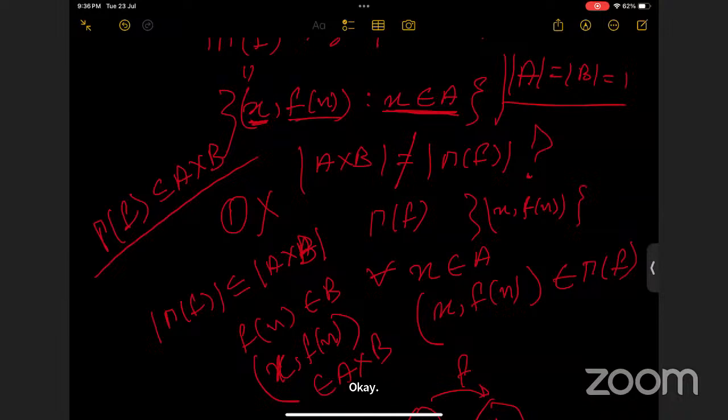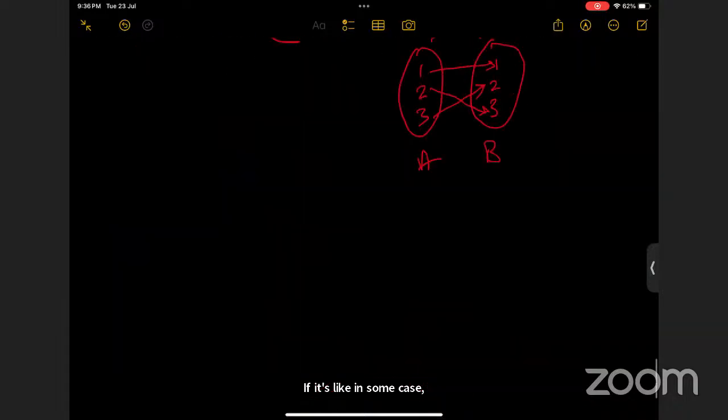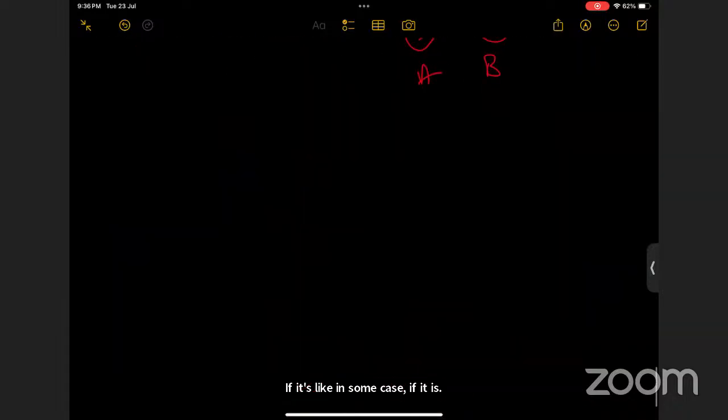Okay. Any other doubt? If it's given less than or equal to, and that is equal to the cardinality of A cross B, at the same time would it be equal to the cardinality of A? Obviously it can be when the cardinality of B is 1.